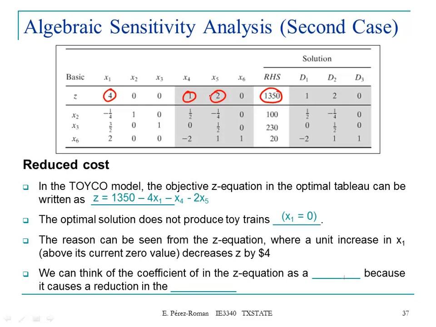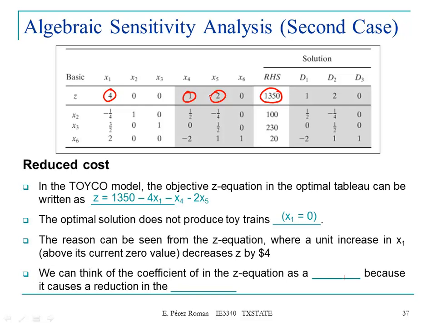The reason can be seen from the z equation, where a unit increase in x1 decreases z by 4. If you look at this optimal objective function and increase the value of x1, which is the trains, that would decrease your objective function by 4. So that's why you end up producing no trains.